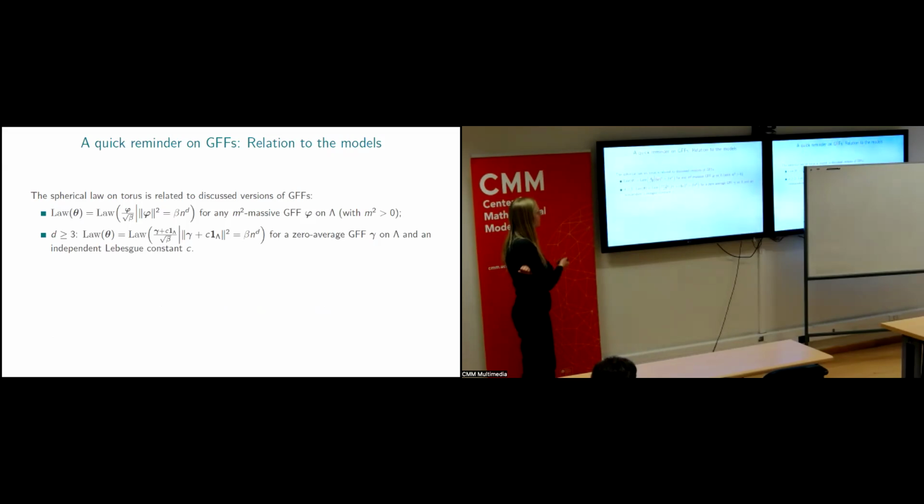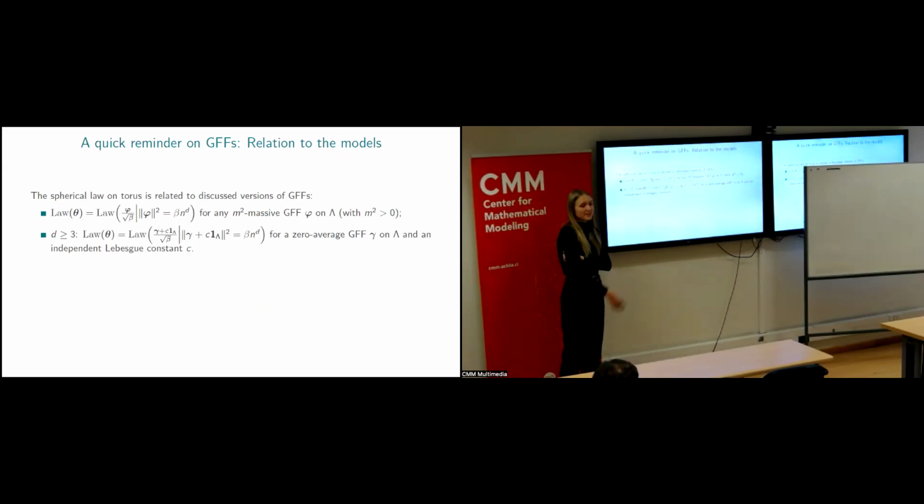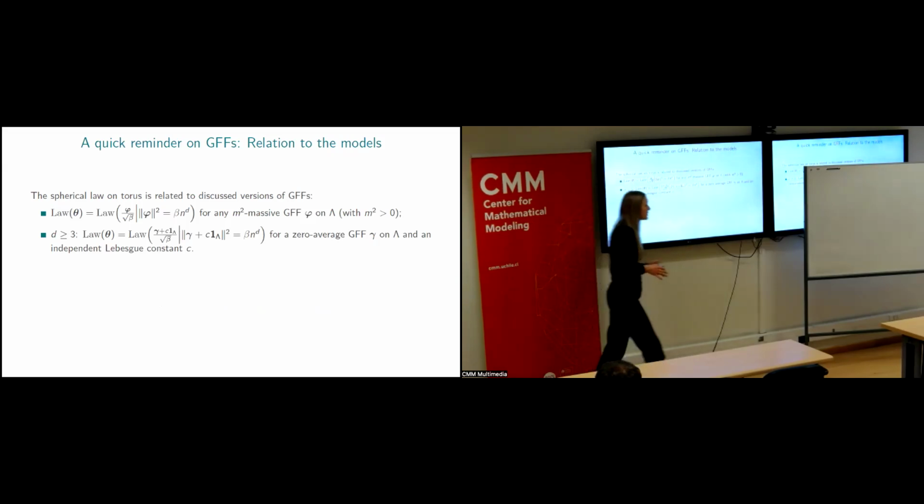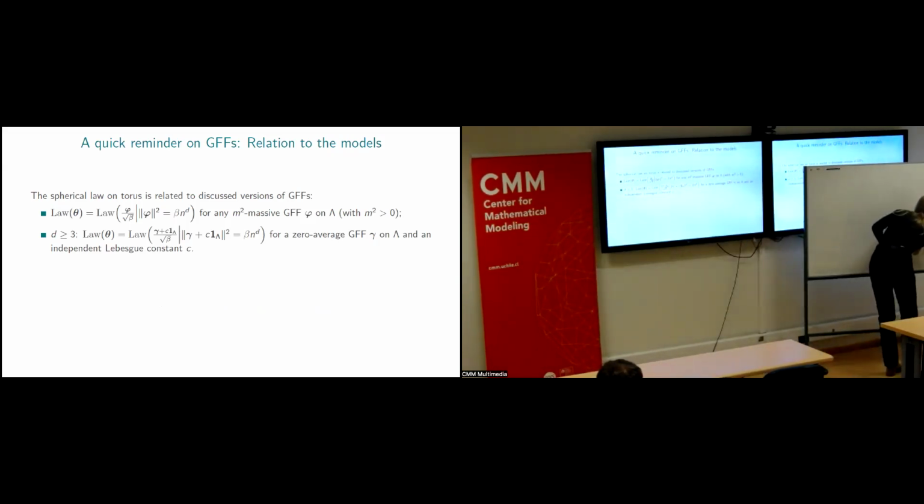Okay, so now why did I bother to present the GFFs and how are they related to our model? The relation is quite simple if one recalls what the density was. For the spherical model, our density with respect to the uniform measure was the sum over beta theta x, theta y.